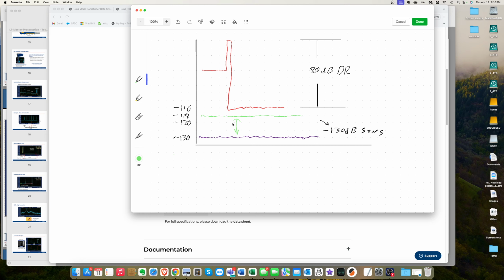But that's not dynamic range. Dynamic range is the distance we can go from the uppermost peak down to the lower part of what the instrument can read. If I have a very big reflection here, say this reflection is like minus 30, then at minus 30 we have 80 dB of dynamic range.